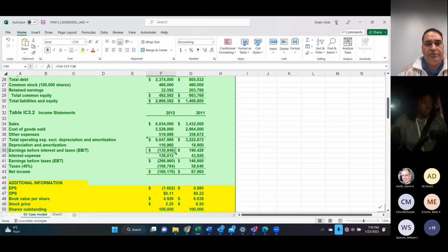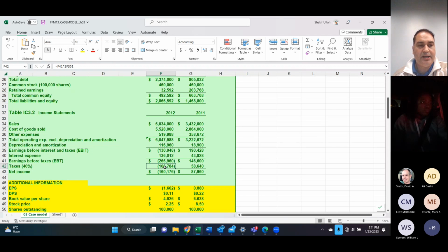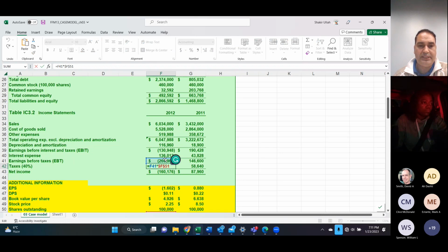Okay. So when you remove the interest expense, what you get is the EBT, earnings before taxes. The I is removed because you removed the interest expense. And then you apply tax on this EBT. In this case, our tax rate is 40%, so we multiply the EBT by 40%.